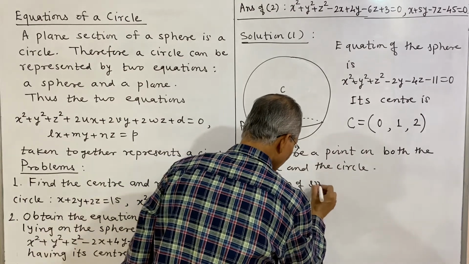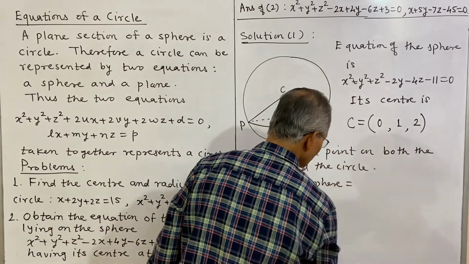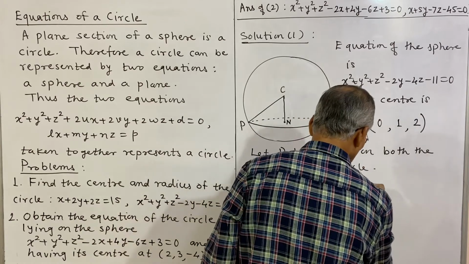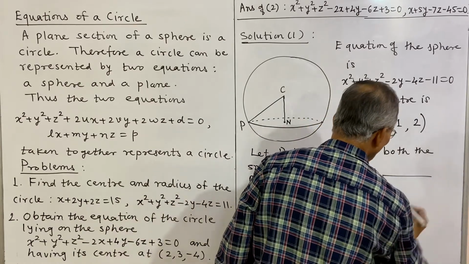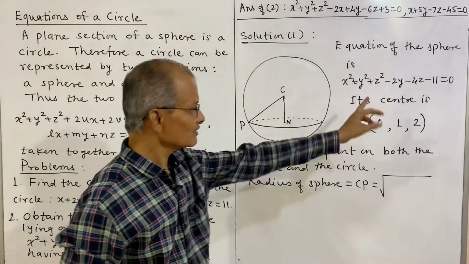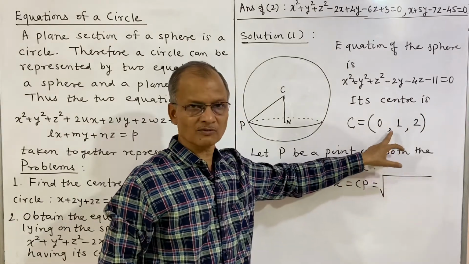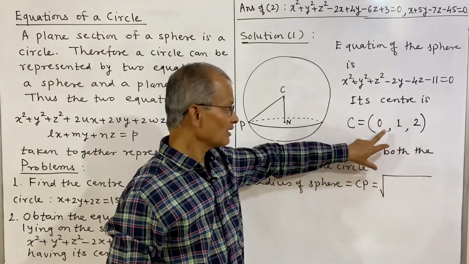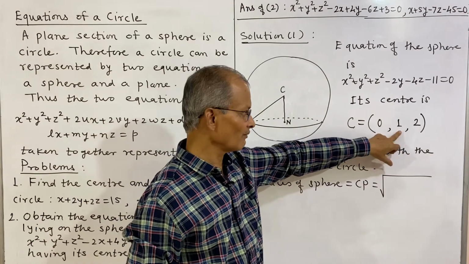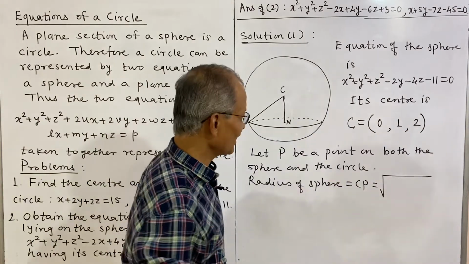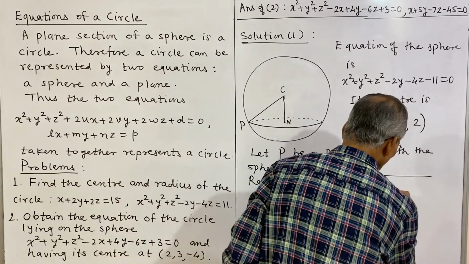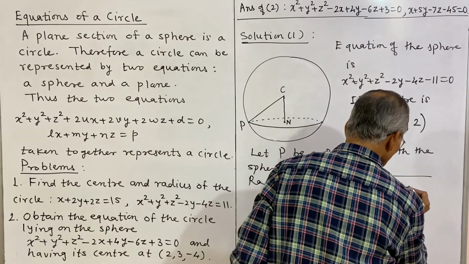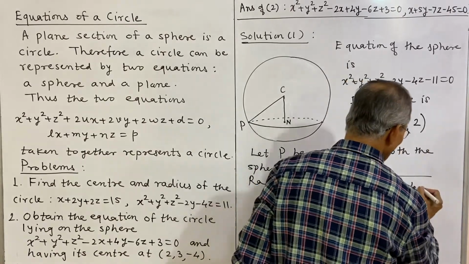Then radius of sphere is equal to CP, and that is equal to under root of the sum of squares of the center's coordinates, that is square of 0 plus square of 1 plus square of 2, that is 0 square is 0 plus 1 square is 1 plus 2 square is 4, minus d.